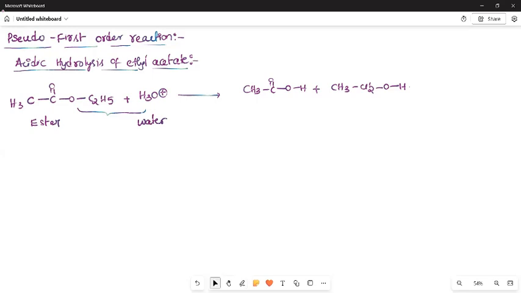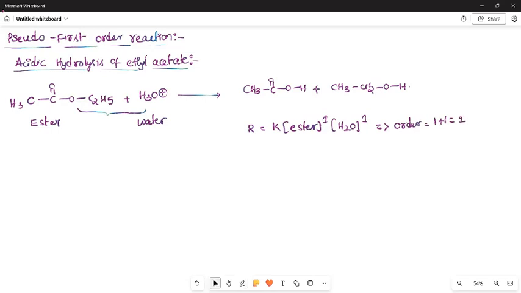So in general, rate is equal to k into concentration of ester power 1 and concentration of water power 1. If you sum the powers, order is equal to 1 plus 1, that is equal to 2, second order.